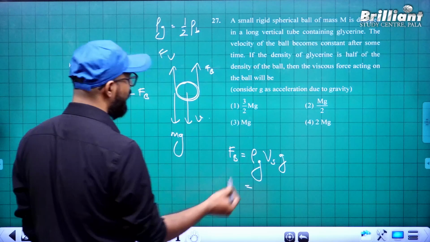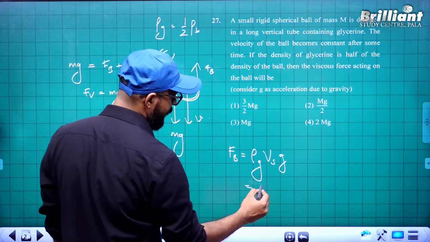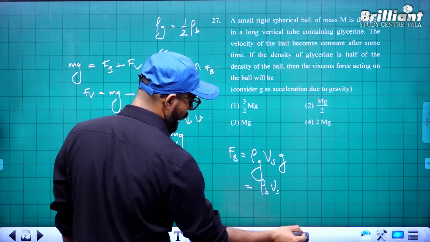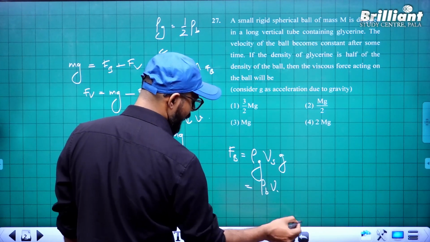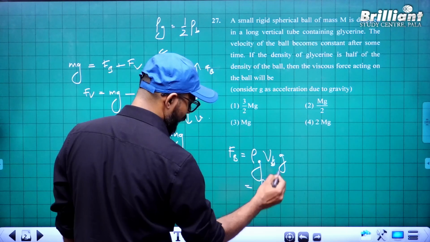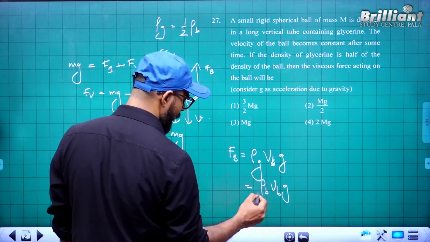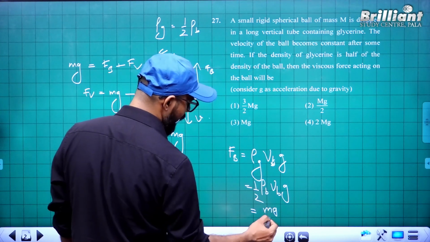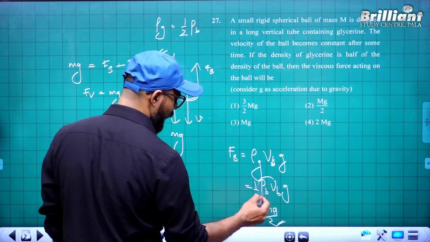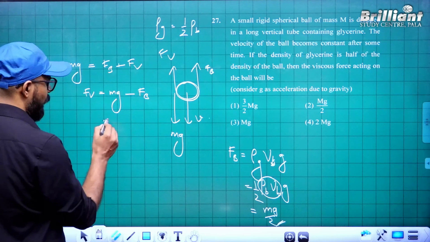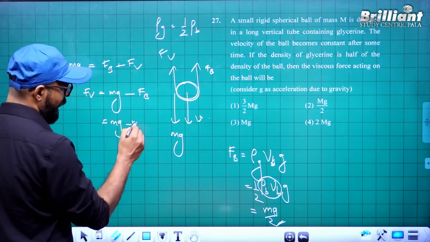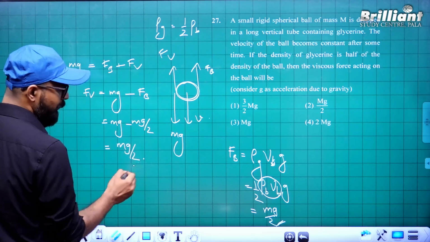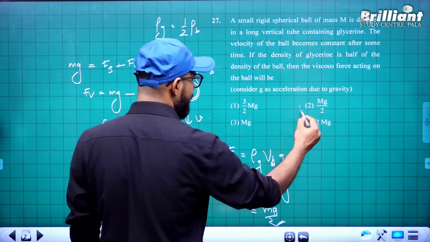And we know density of the glycerin is half the density of the ball. So density of the ball into volume of the ball into g divided by 2. So you can see this is going to be mg divided by 2, where m is the mass of the ball. Clear? So we get the answer mg minus mg by 2. This is going to be mg divided by 2. Well, that is the answer.